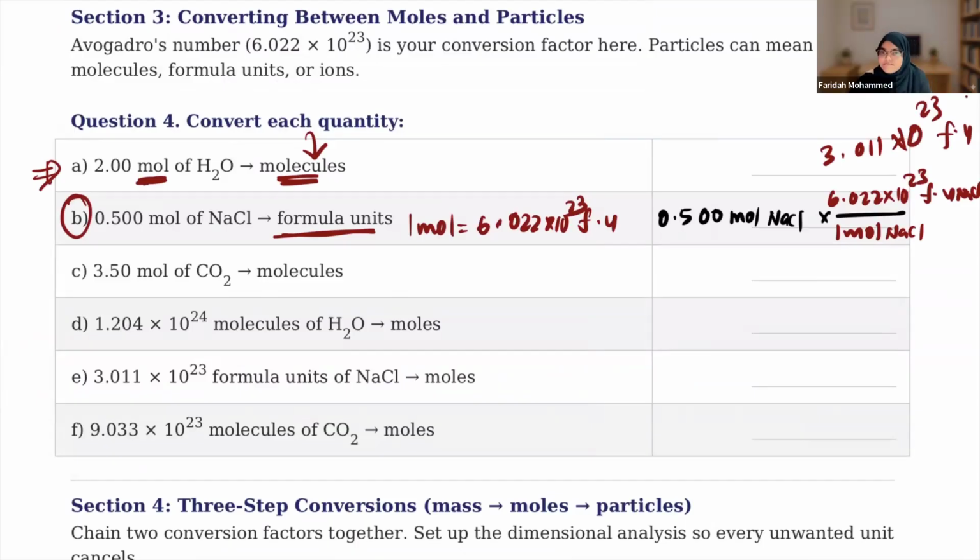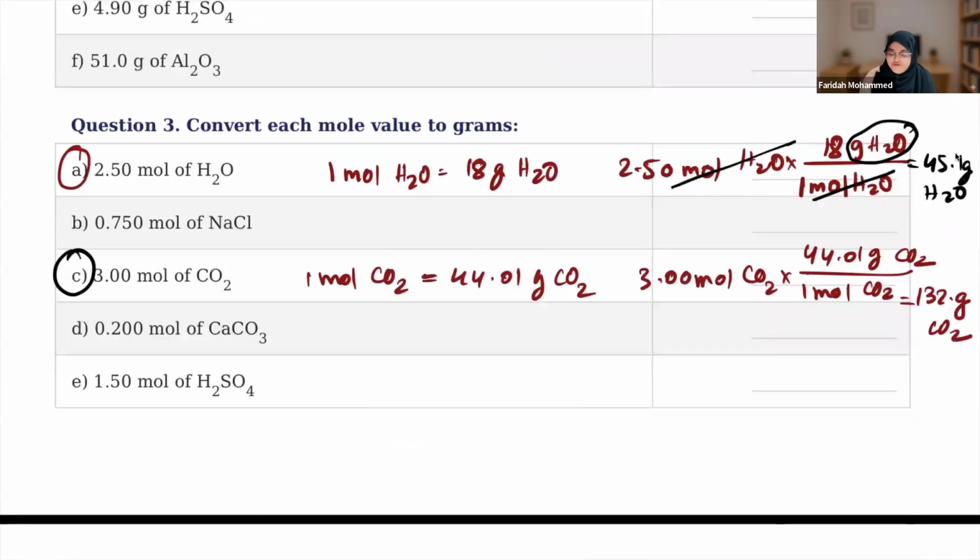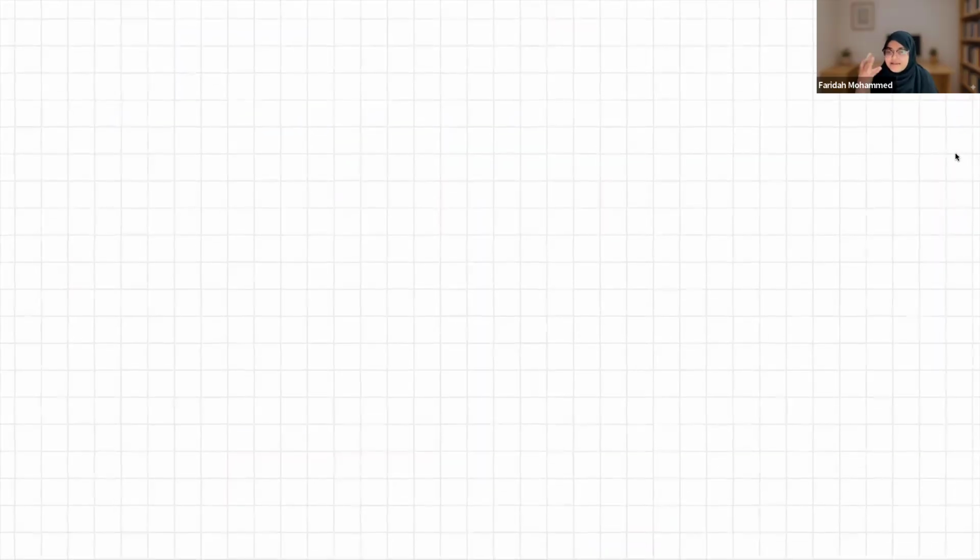Yes, Vishwa? What's a formula unit again? This one we're not going to go over, because it's another topic where I have to show you what exactly molecules are, atoms are, and what the difference is, and that's going to require a whole class.